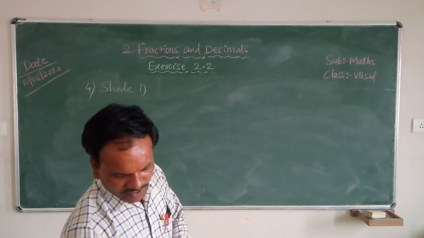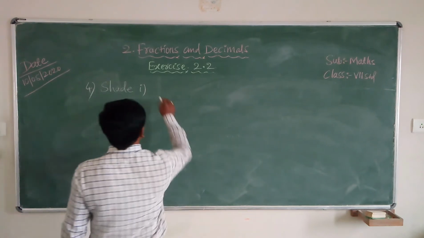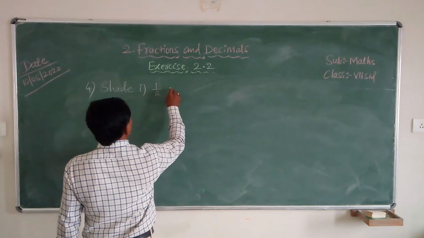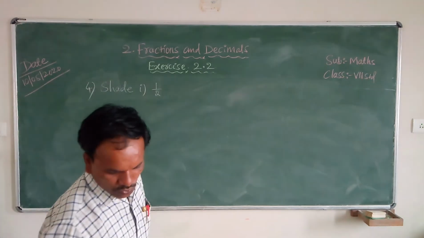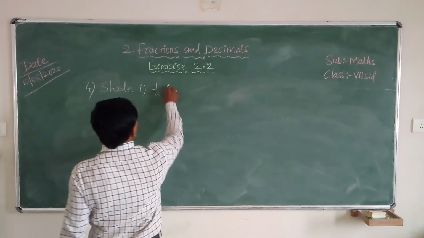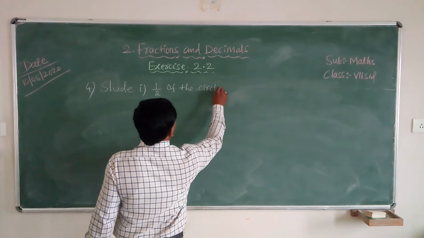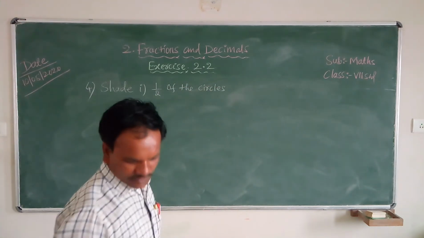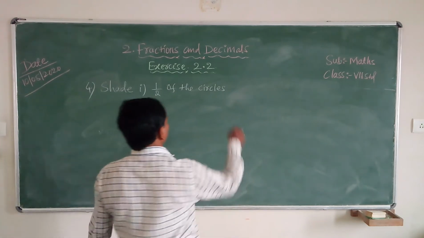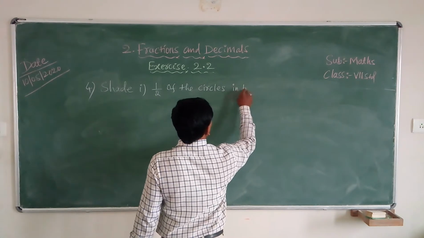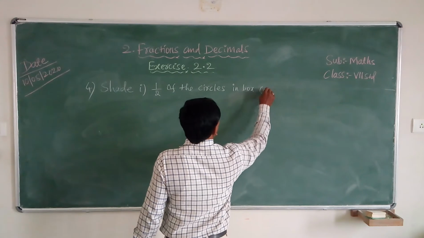1 by 2 of the circles in box A. So box A is given.